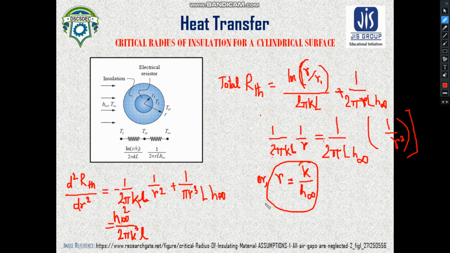Okay, so the insulation radius at which resistance to heat flow is minimum and the heat transfer rate is maximum is called the critical radius of insulation. So the term which I had already used, now I hope you can understand why this word critical is used here. Critical always gives you a sense of optimal.